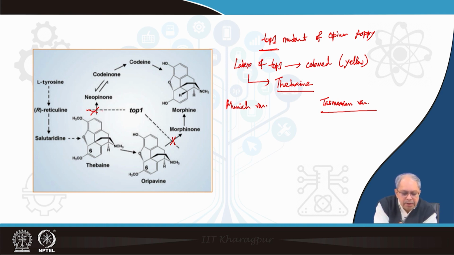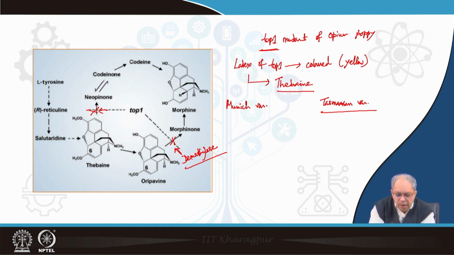That indicates that the step which converts oripavine to further downstream products is blocked, and this appears to be a 6 demethylase activity. So, that demethylase activity perhaps got impaired, although at that stage the activity was not properly demonstrated.